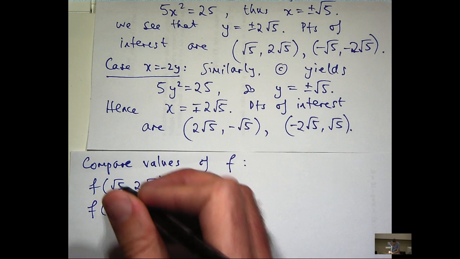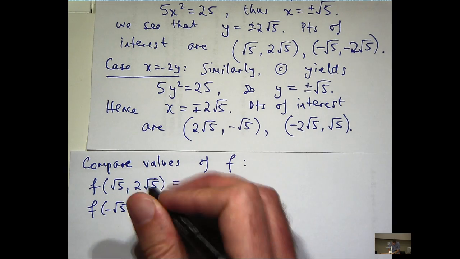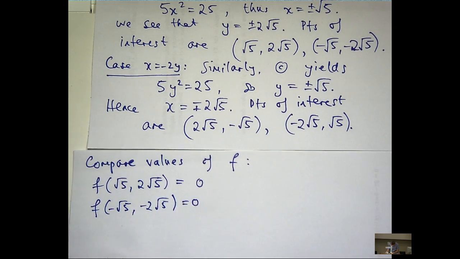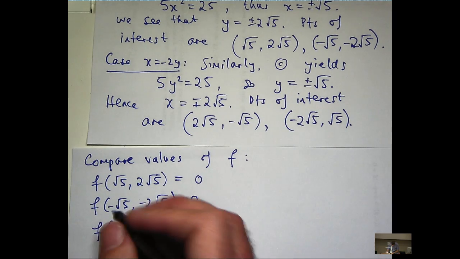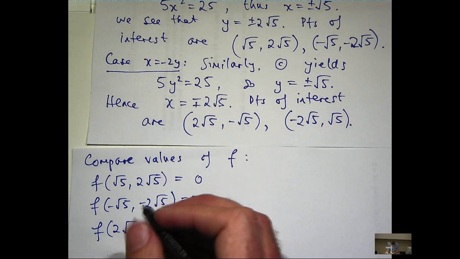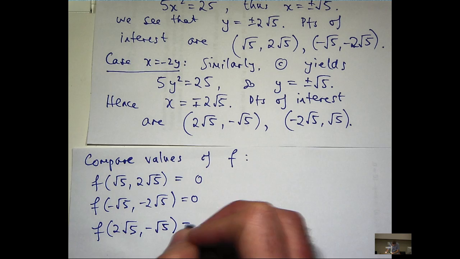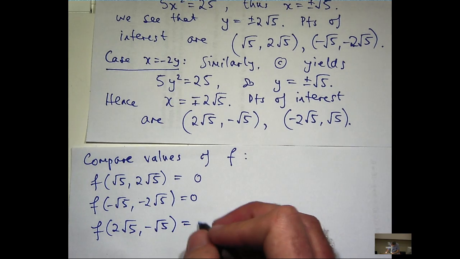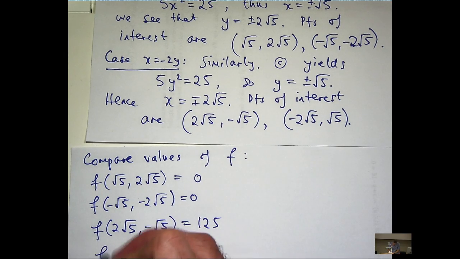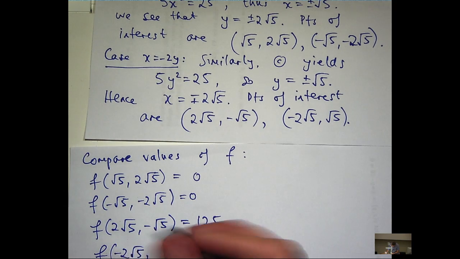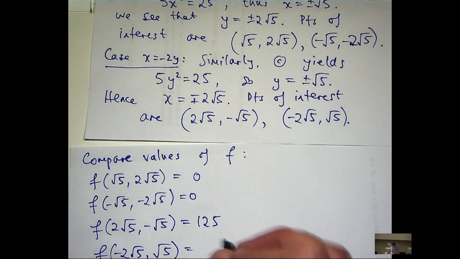Similarly, if I plug in this point here, because I've got squares involved, I'm actually going to get the same answer. If I plug in the case when x equals minus 2y, if I work that out, I get 125. And similarly, if I mix up the signs, I also get 125.